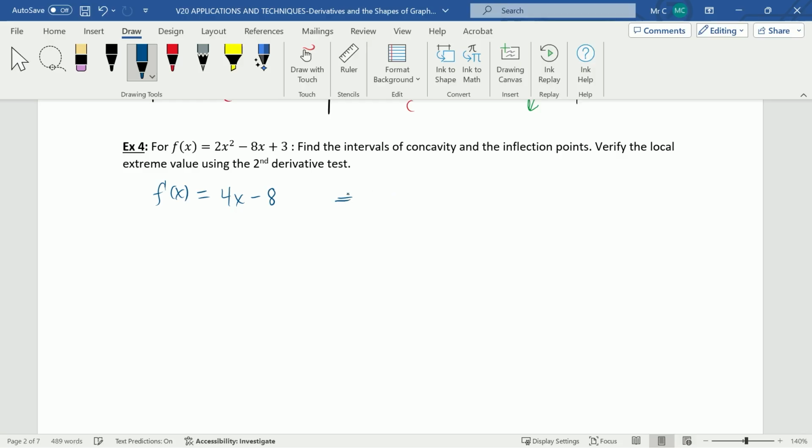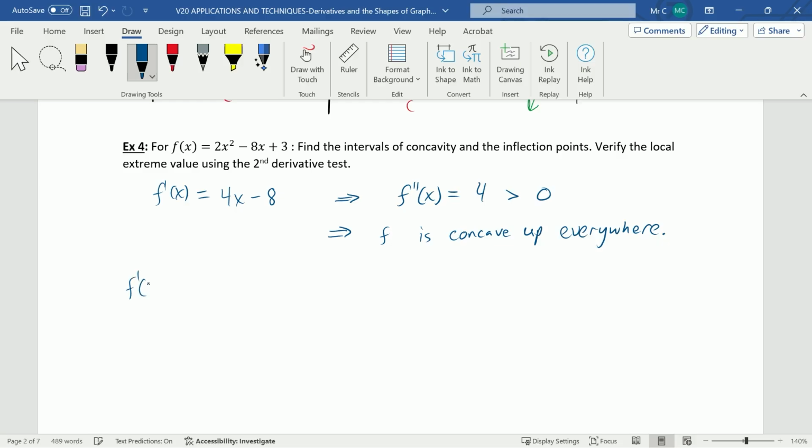And then when I take my second derivative, I just get 4. And 4 is strictly positive, so this implies that f is concave up everywhere. That second derivative is always positive, so this function is always concave up.